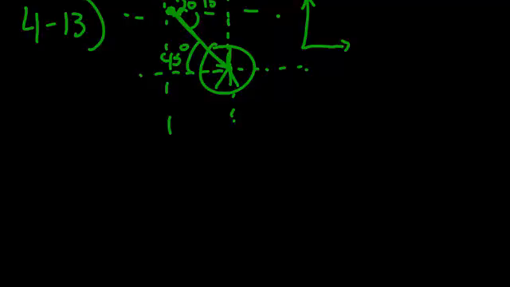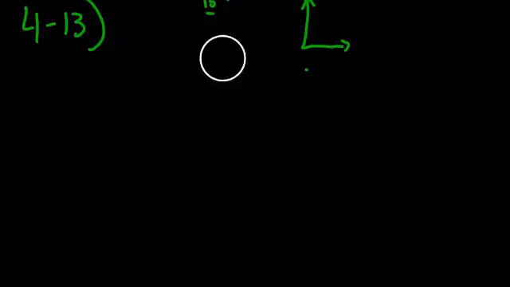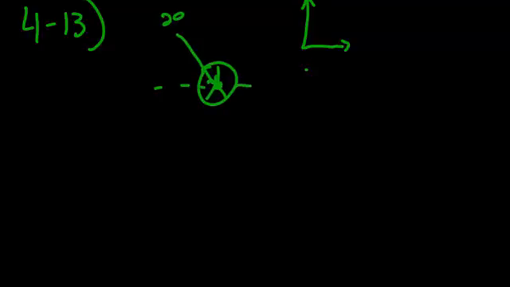So maybe I should redraw this. Yeah, I'll just redraw it in case anyone goes back and looks at this. So we have 20 pounds of pressure coming down right here, and an angle of 45 degrees.